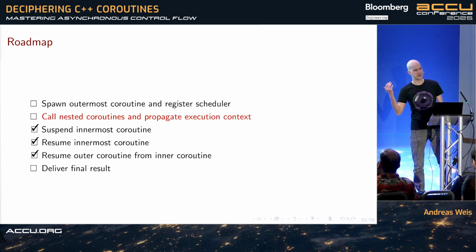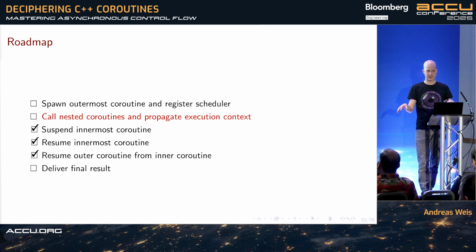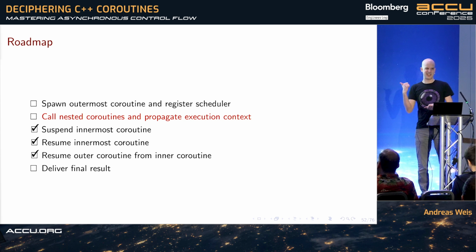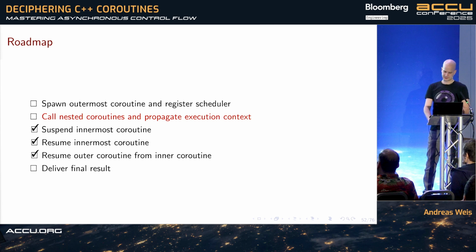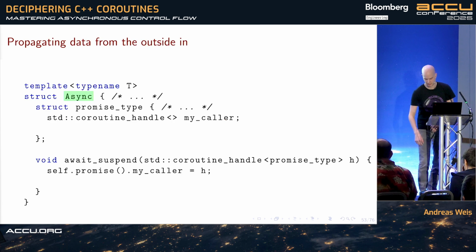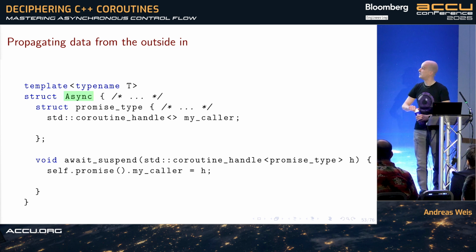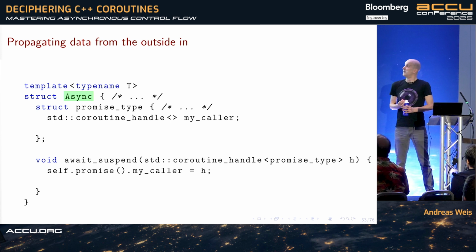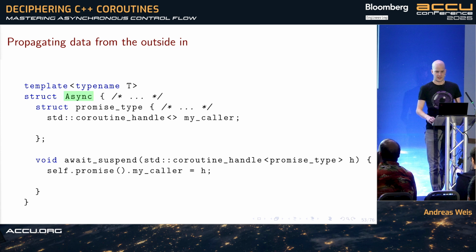This is not strictly necessary. This is more of a convenience thing, but it's really nice. So we're going to look at this. And it will actually lead us to some interesting problems along the way that we've been ignoring so far. So yeah, propagating data from the outside in.